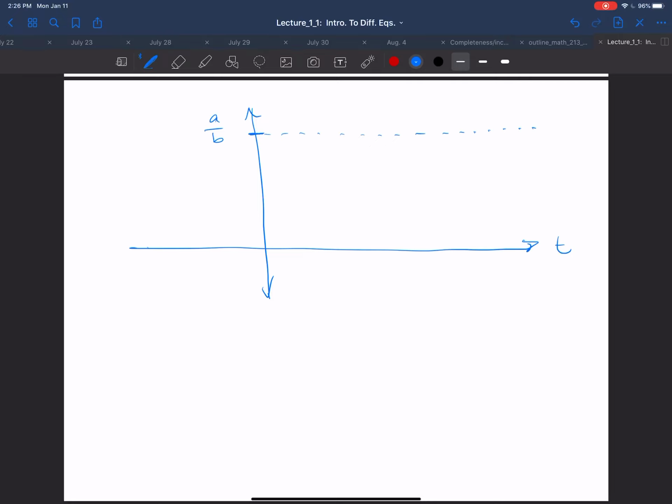So if we start out with an initial value of x that is between 0, so this will be x equals 0 and t equals 0, and a over b, then initially we will have approximately exponential growth. But that growth is going to level off as we approach a over b, and if you plot this function you get something looking like this.